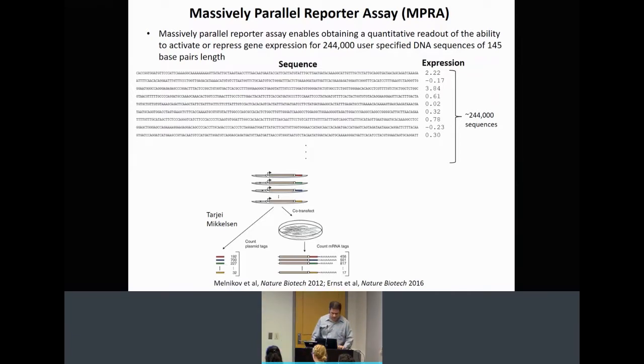And then you transfect it and you get a readout of how many counts for that sequence give you this quantitative readout.